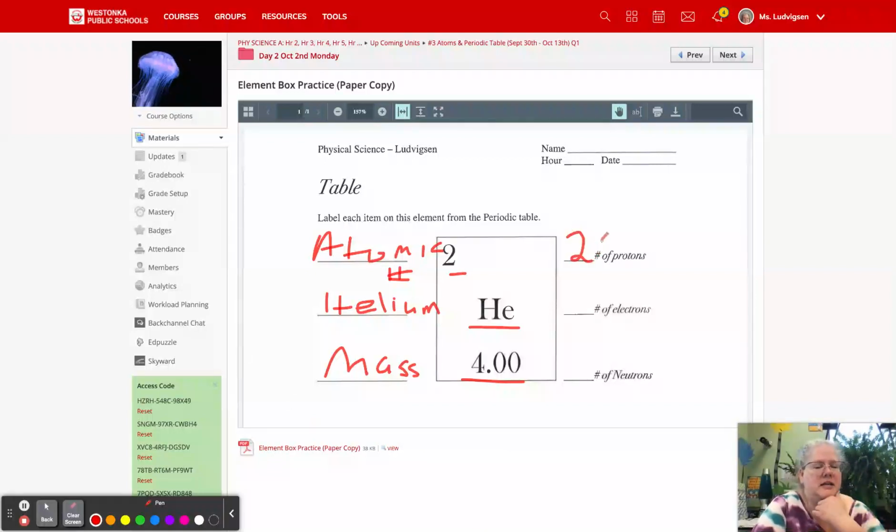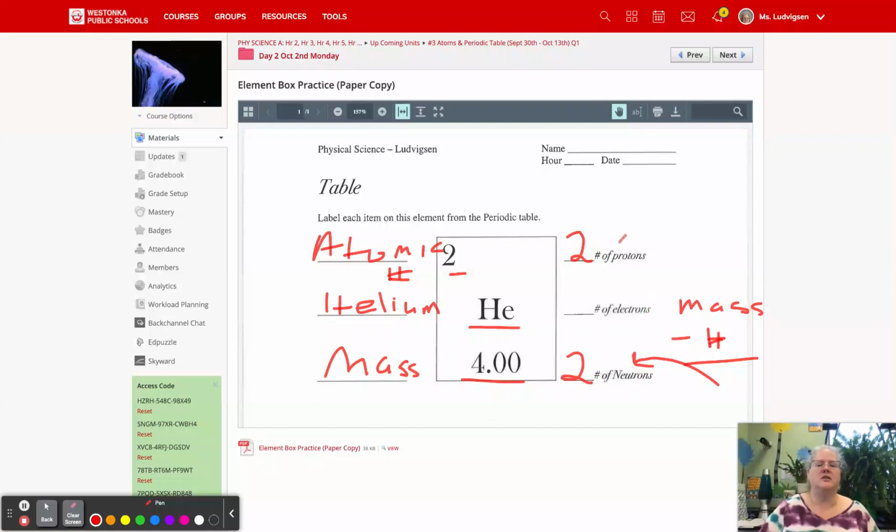Now, the interesting thing is, if we take our atomic mass minus our atomic number, that actually equals the number of neutrons. So in this case, 4 minus 2 gives me 2 neutral neutrons. So we have 2 positive protons according to the atomic number. We have 2 neutral neutrons because 4 minus 2 is 2.